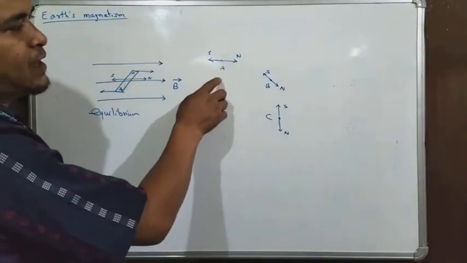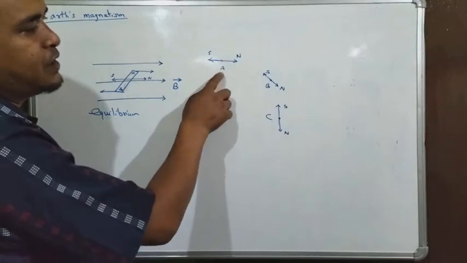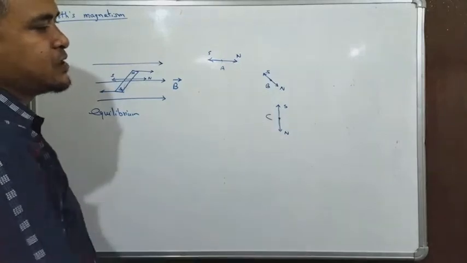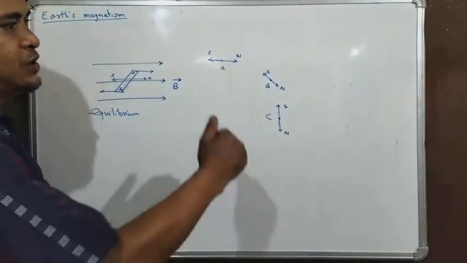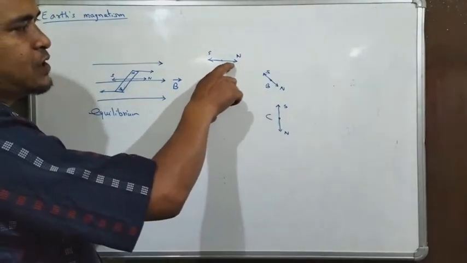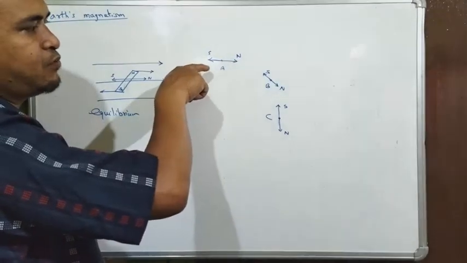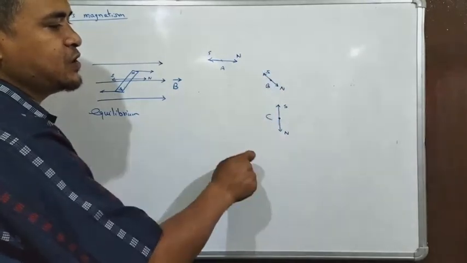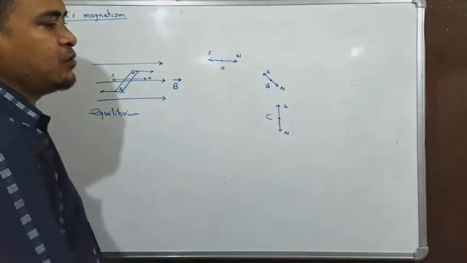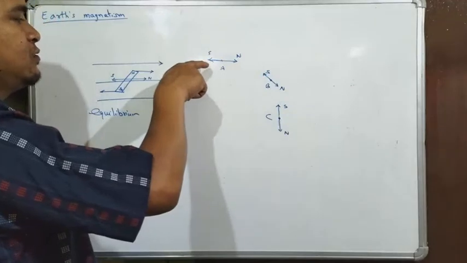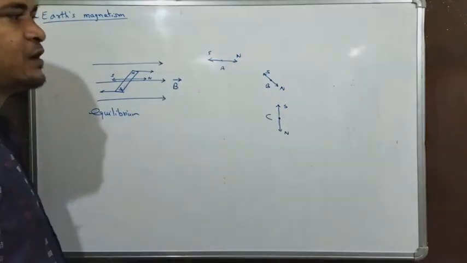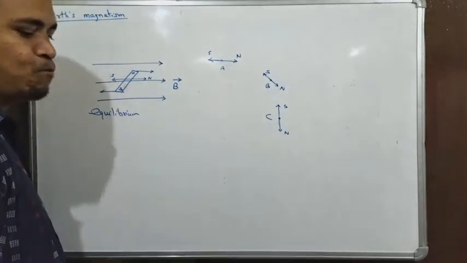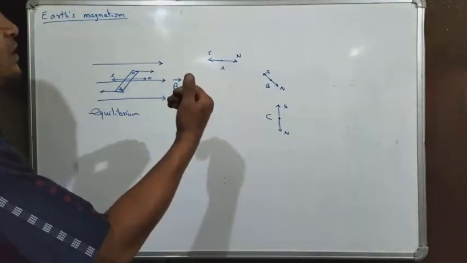So at these different points A, B, C, the magnetic needles align themselves in different directions. The North Pole at point A is pointing in this direction, at point B it is pointing in this direction, and at point C it is going down. So the direction of the North Pole of the magnetic needle always gives the direction of the magnetic field.